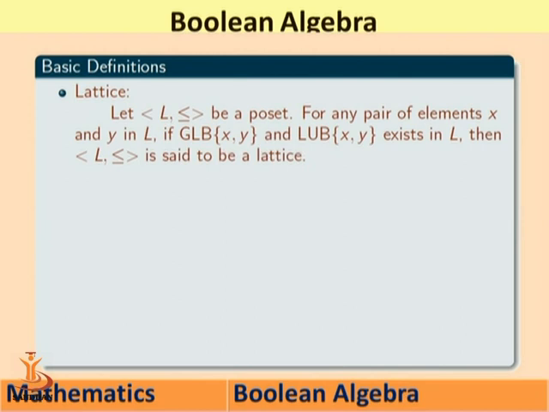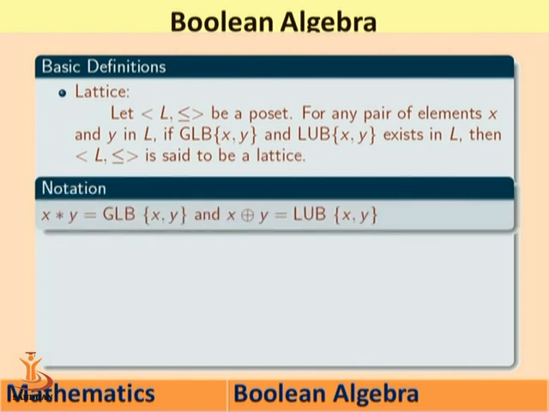So here we need GLB and LUB of two elements X and Y in a set L, right? Whenever we have this condition, that poset is said to be a lattice. Here we need some notations: X star Y equals GLB of X and Y, and X ring sum Y equals LUB of X and Y.